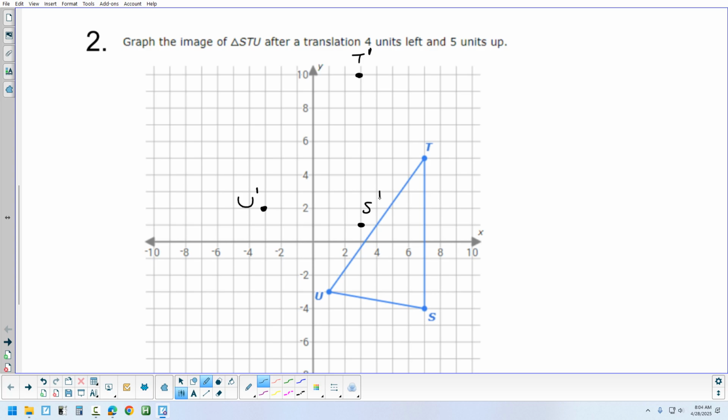Okay, once we get each of our points, those are called the vertices of the triangle, what's the last thing I need to do? Yeah, you got to connect all your points. Yep. So just connect them all. Just like that. So any question on a translation? Just moves it left, right, up, or down.